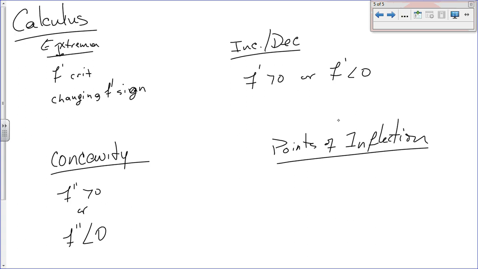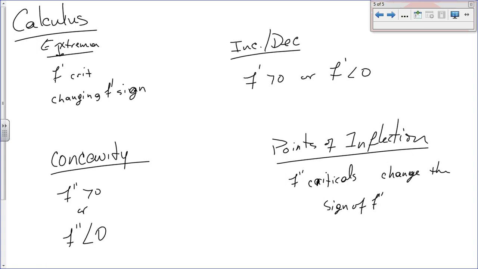If your f double prime criticals change the sign of f double prime, it is a point of inflection. All right, those are some quick reviews.